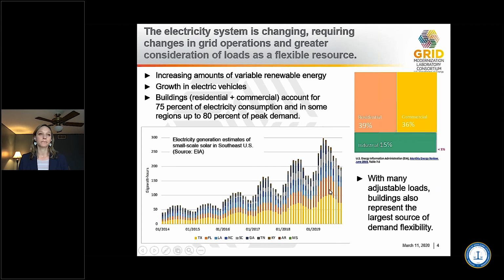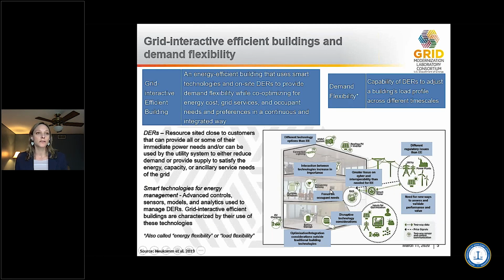So this slide has the Department of Energy's definitions that we've come to use for grid interactive efficient buildings and demand flexibility, and also how we're defining distributed energy resources and smart technologies, which are also referenced in those grid interactive efficient building and demand flexibility definitions. I have this image on the slide on the right side that is an example of a commercial grid interactive efficient building and some of its characteristics.